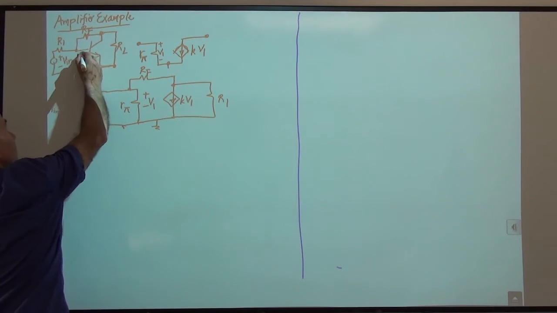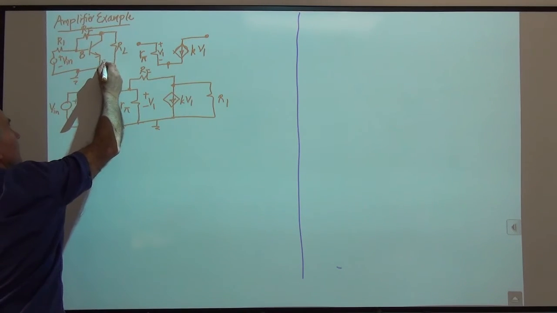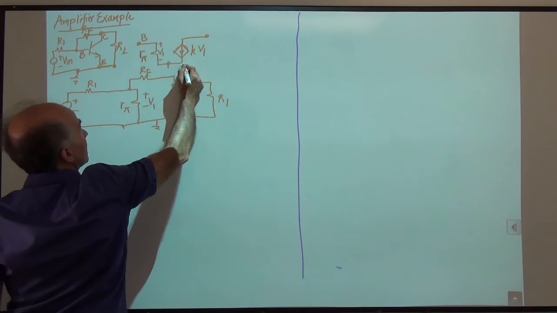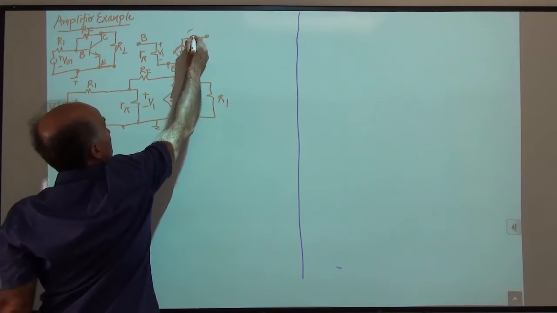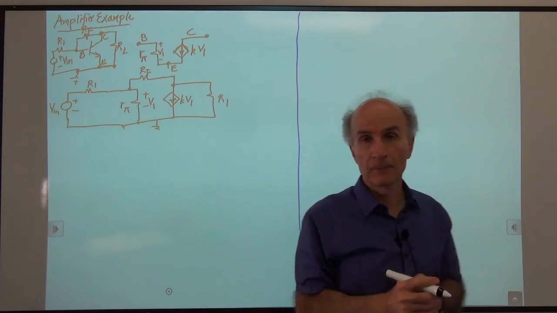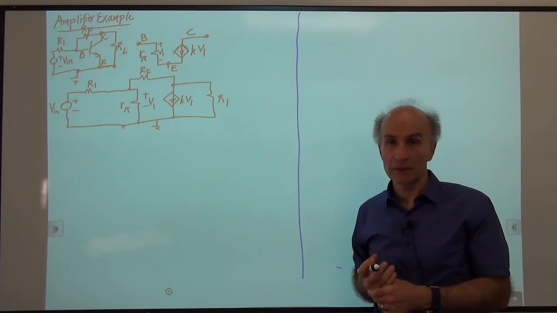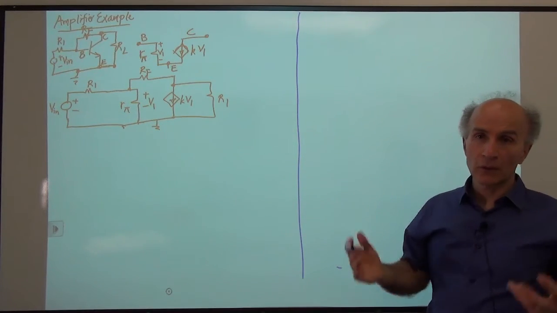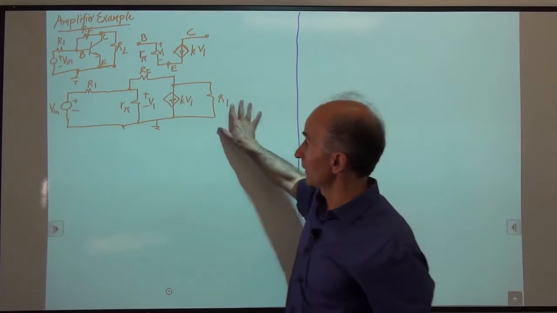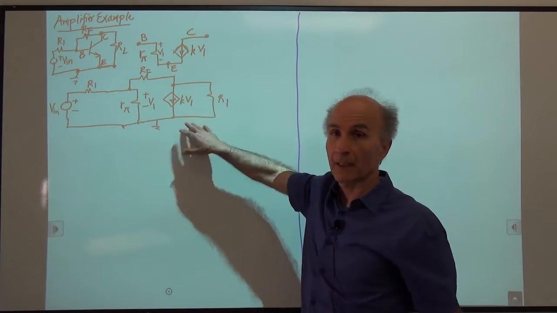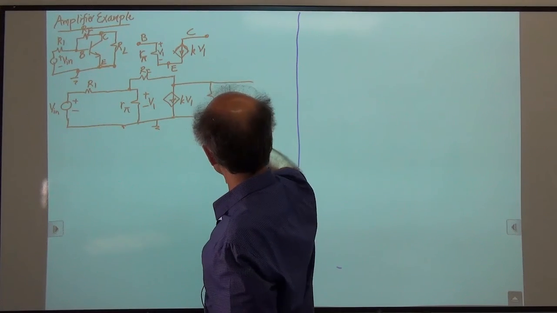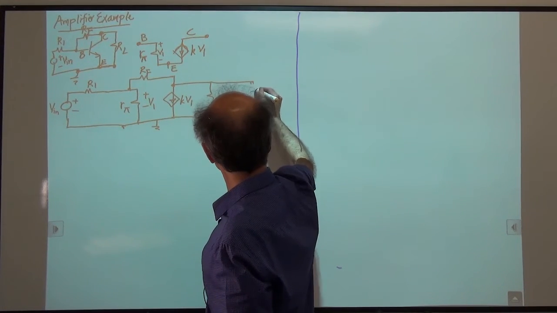So this is called B, this is called E, this is called C. So that's B, that's E, and that's C. So you can see the correspondence between the two. All right, that's an amplifier. Now, again, if you don't know what amplification means and where all this comes from, don't worry about it. Just imagine that you are given this circuit here, right, out of nowhere, and you are asked to find this voltage as the output of interest.